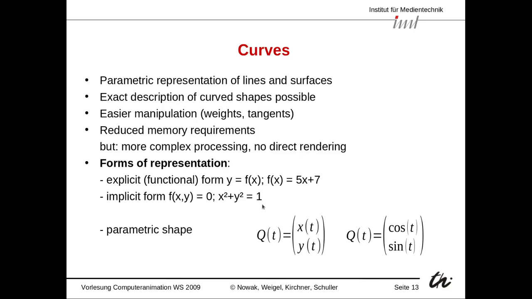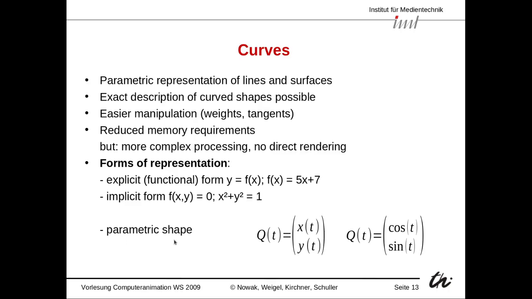So this is also a way to describe a 3D object, or in this case a 2D object. We can also add a third coordinate z, and then we would have a sphere: x squared plus y squared plus z squared equals 1. Then we get a sphere of radius 1, which fulfills this equation.